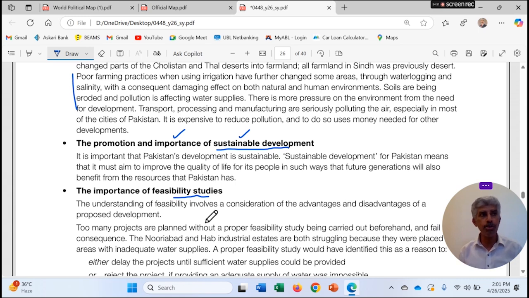How feasible is it to use the minerals for development and for the role of minerals in the economy of Pakistan? How feasible is it to develop sustainable or renewable power sources so that we will be able to develop our industries and move towards industrialization, which would have a greater impact on the economy of Pakistan? So the importance of feasibility studies is a very important factor.